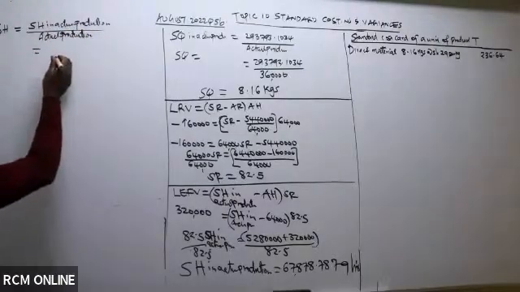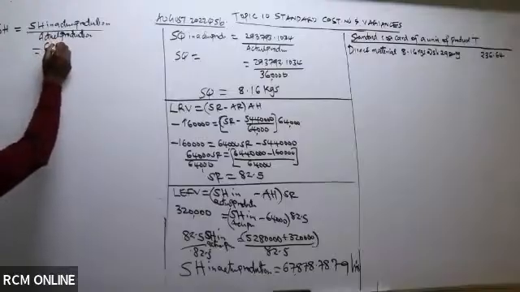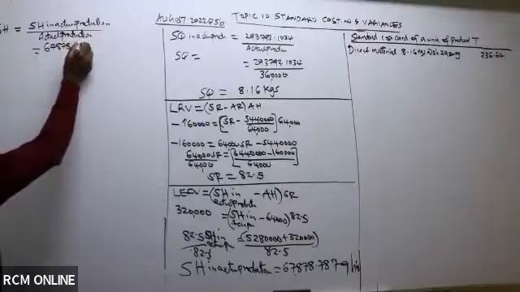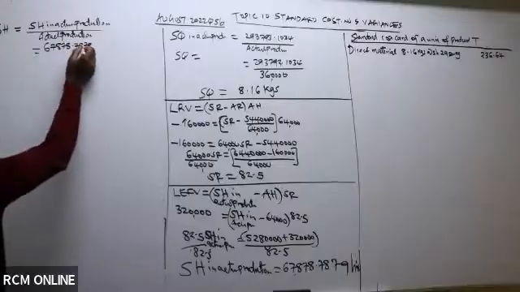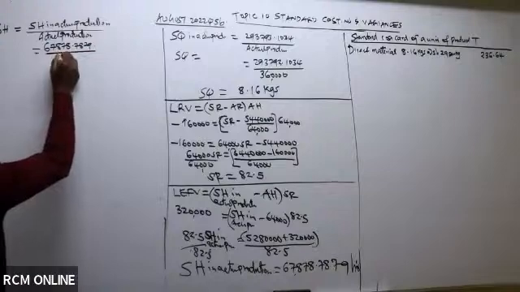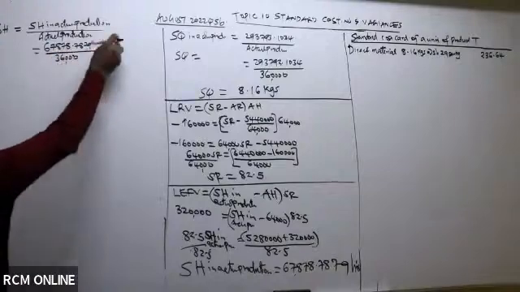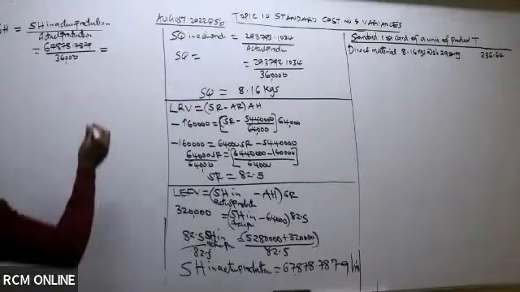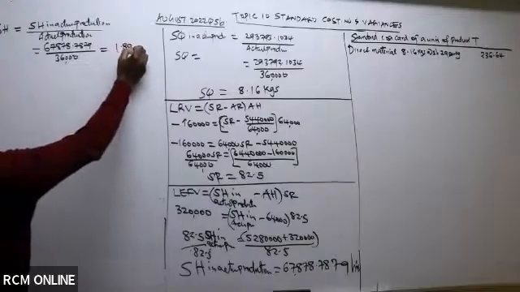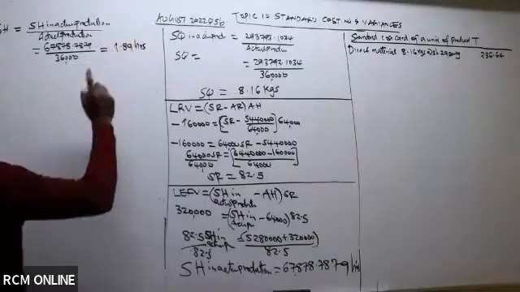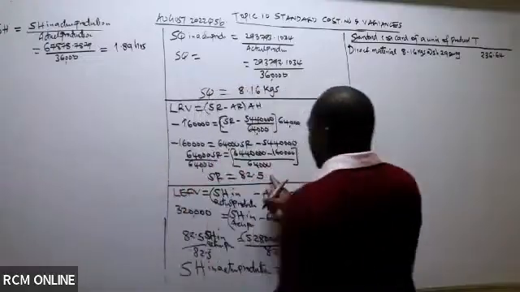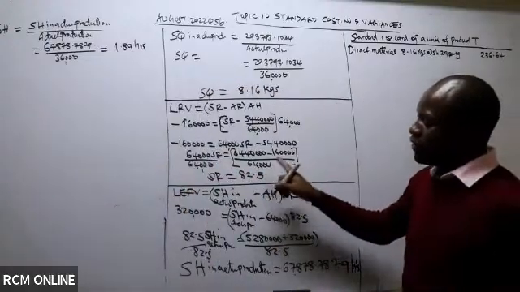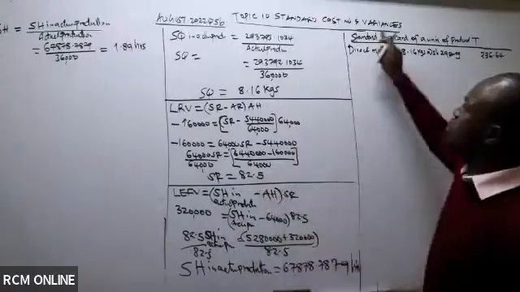So we have 67,878.7879 divided by 36,000. What are you getting? Standard hours: 1.89 hours.